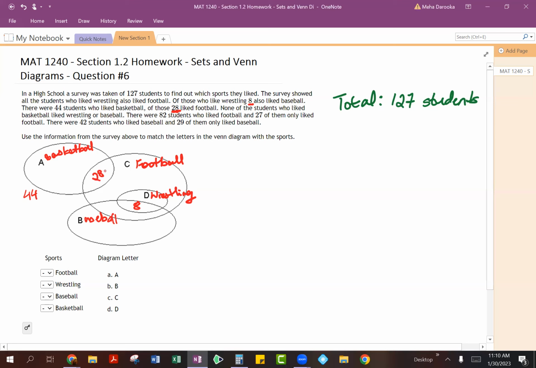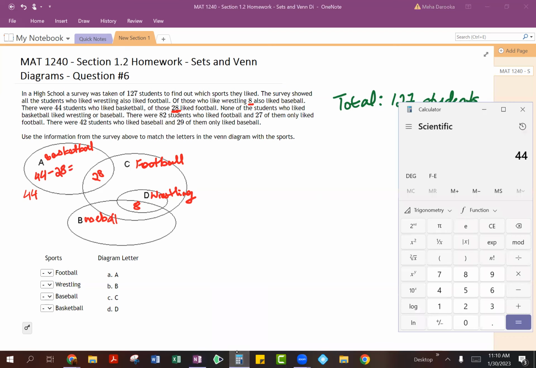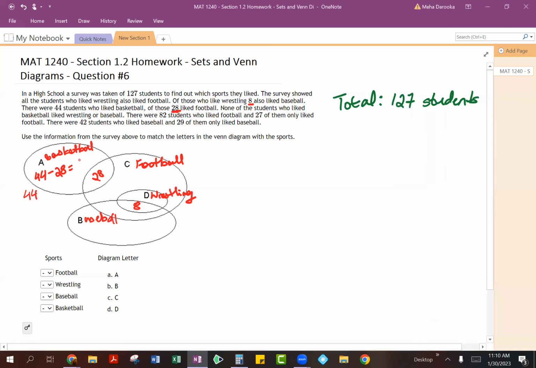And then out of the 44, since you have 28 who liked football, you're going to subtract 28 from 44, and let's see what that comes out to be. So 44 minus 28 will give us 16, which means you have only 16 students who like just basketball. That takes care of these two numbers here, the 28 and the 44.